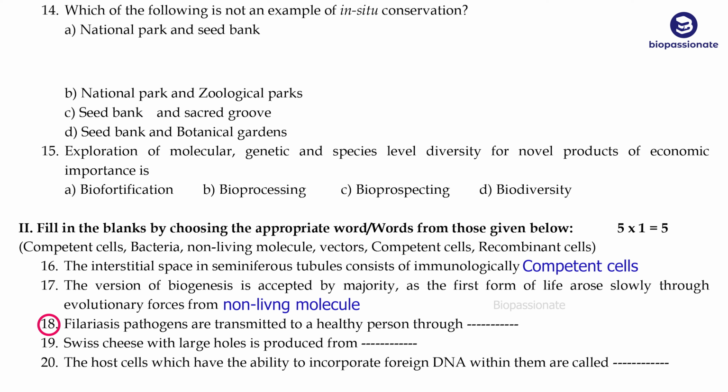Filariasis pathogens are transmitted to a healthy person through vectors. 19. Swiss cheese with large holes is produced from bacteria. 20. The host cells which have the ability to incorporate foreign DNA within them are called competent cells.